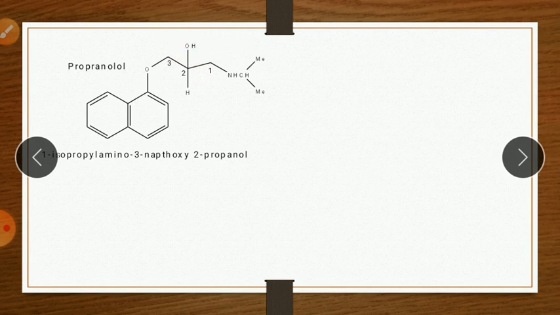So 1-isopropylamino means the isopropylamino group is on position 1. On the third position this ring is attached, that is naphthoxy, naphthyl with oxygen, and 2-propanol, on second position the hydroxyl group is there. Therefore the IUPAC name is 1-isopropylamino-3-naphthoxy-2-propanol.